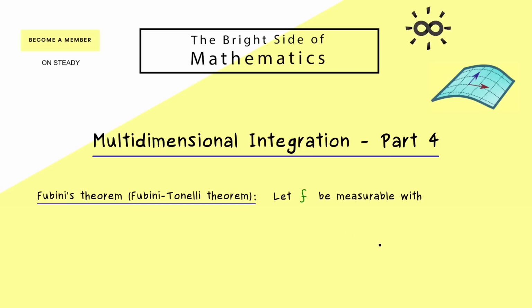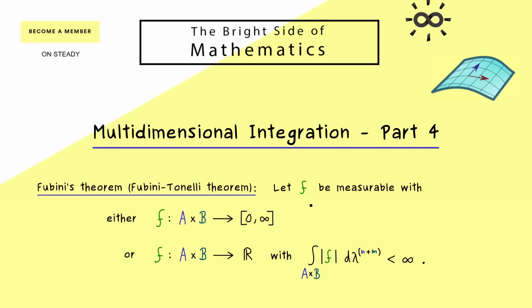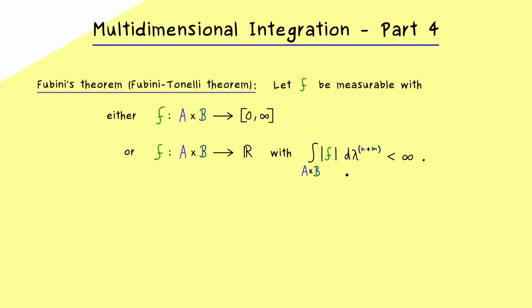And now the setup is not so complicated, we just need a measurable function which satisfies one of two conditions. Either it's a non-negative function or it's an integrable function. So either you know something about the values or you know something about the integral of the absolute value.